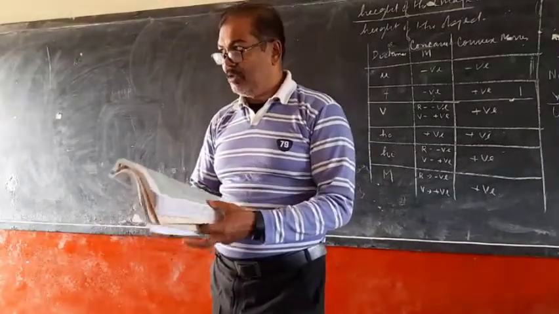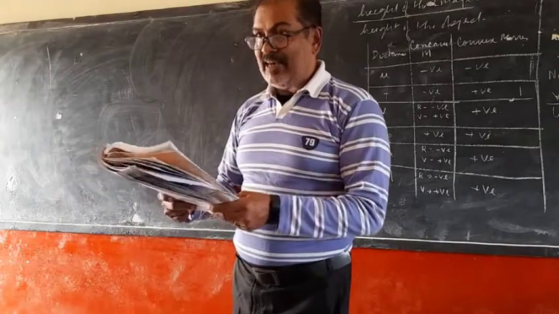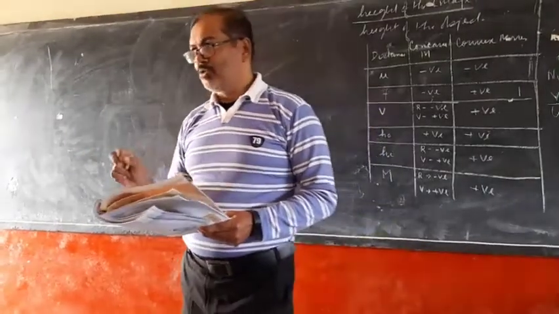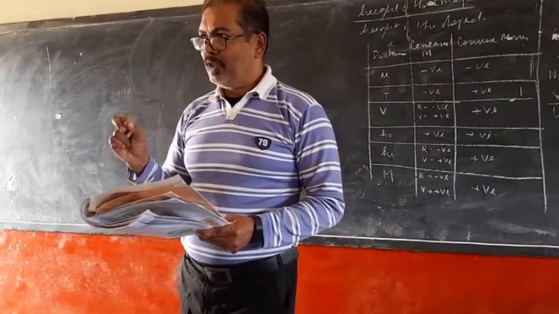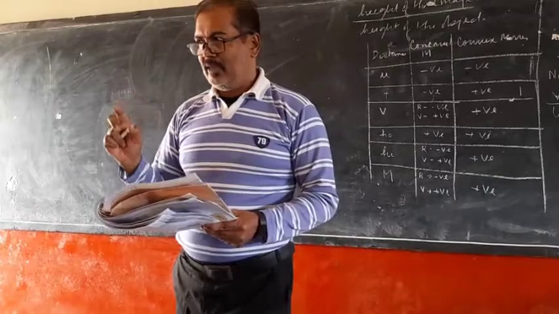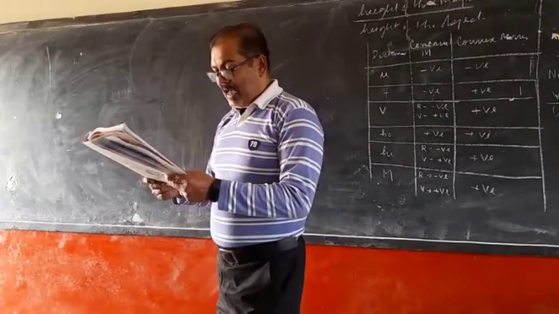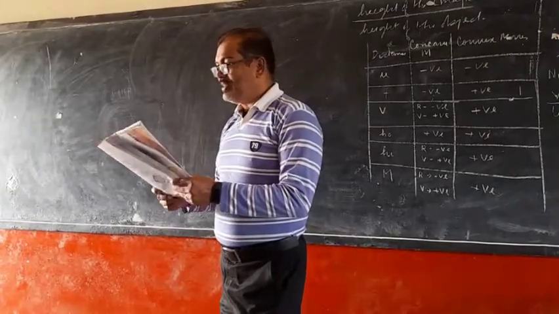I am just going to read out question number 15. An object of size 7 centimeter. I will ask you a question, and you have to give me the answer whether it is positive or negative. Let me give the chance to the girls.